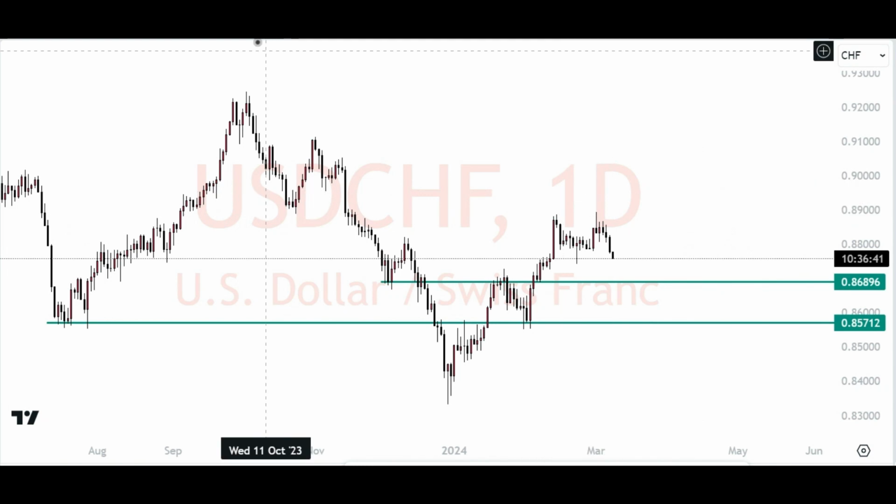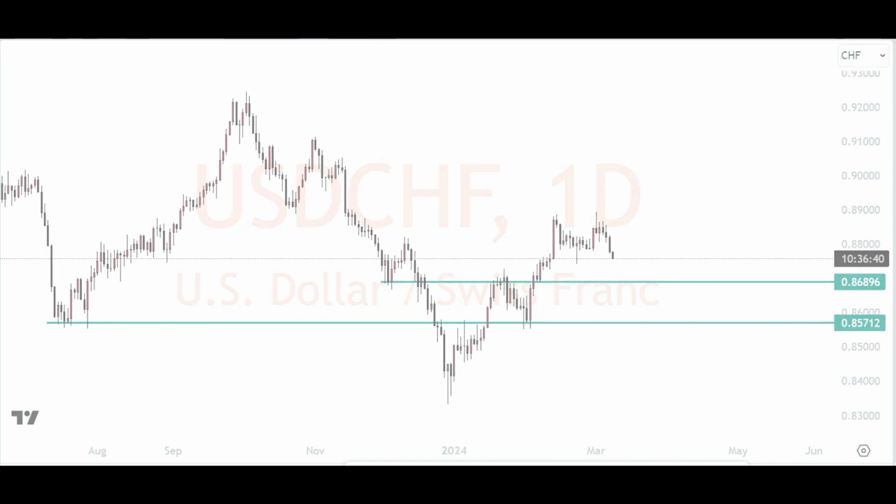Now let's look at USD CHF. The way that I trade, I like to look at the chart and see exactly what is happening.